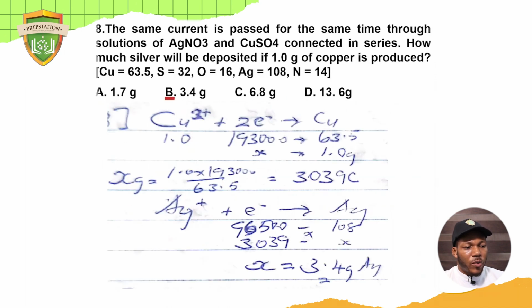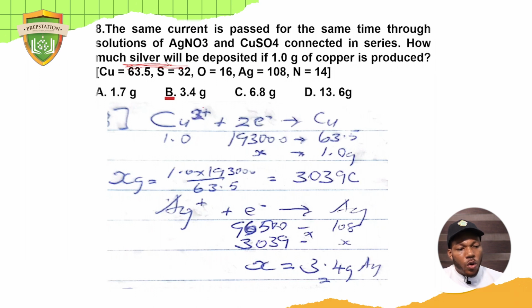So now, let's go back to that question again. Two compounds are mentioned. So what are we looking for actually? We are looking for the mass of silver that will be discharged at the end of this electrolysis. But what is given?